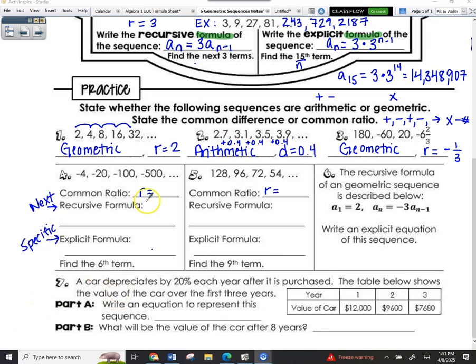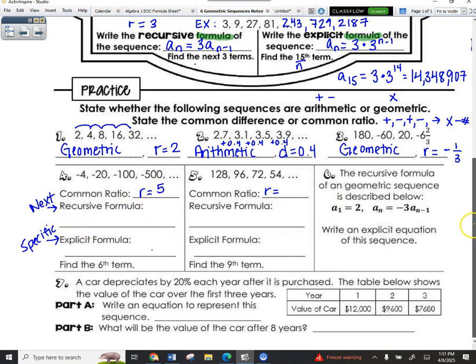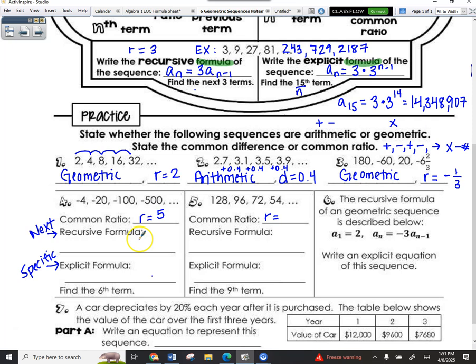Please do that right. Get the common ratio here. Those of you that did it, 5. Okay, recursive formula. That means all you have to plug in is R. You're just plugging in R. So, A sub n equals 5 times A sub n minus 1. What about your explicit formula?